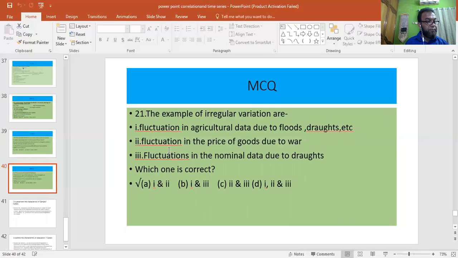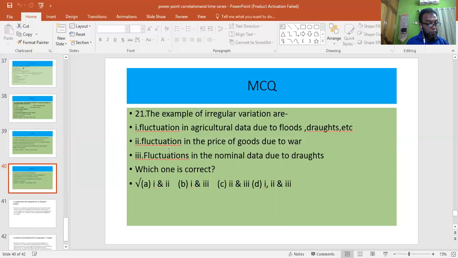Now some MCQ in your book. Which is the period of business in cyclic variation?